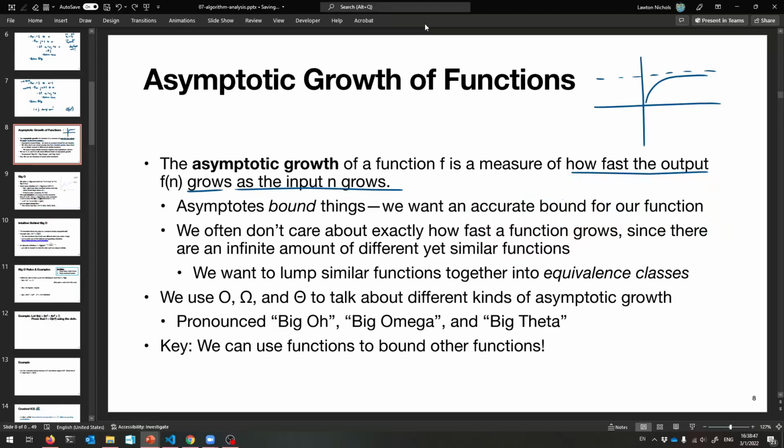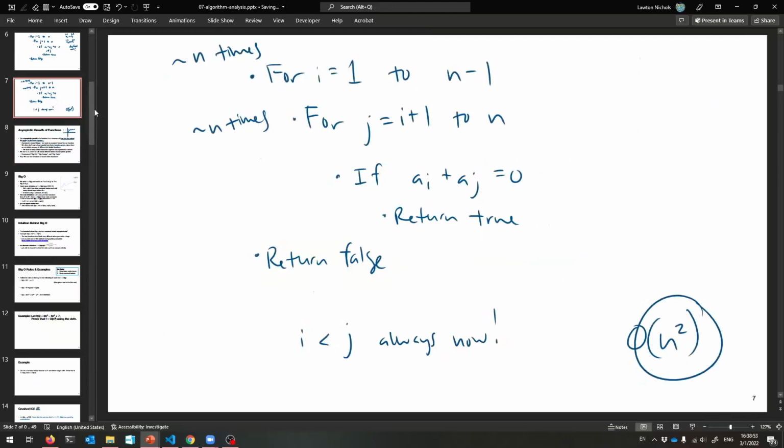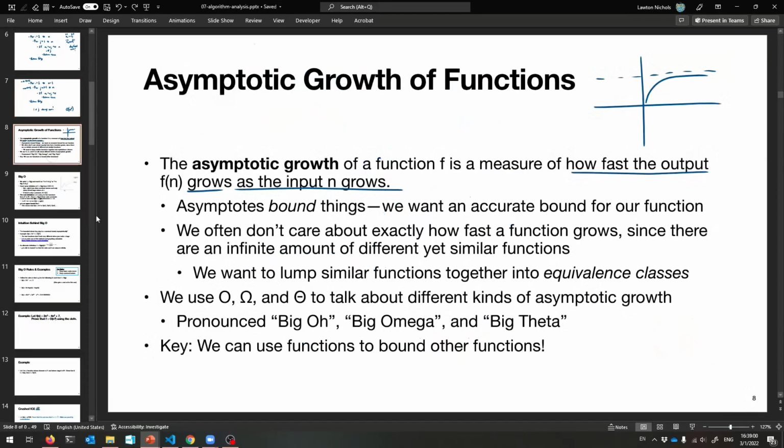Okay? And we like to simplify. So we don't really care exactly how fast the function's growing. We don't care about maybe there are some plus n terms, some constant terms. We just care about the n squared as programmers. Okay? That's an equivalence class of programs, things that are n squared, O of n squared. So there's a bunch of different ways to write the same function.